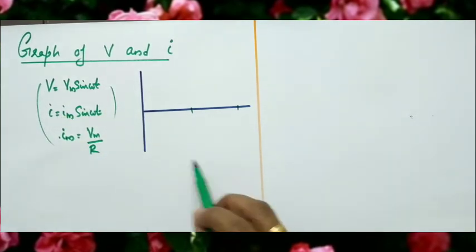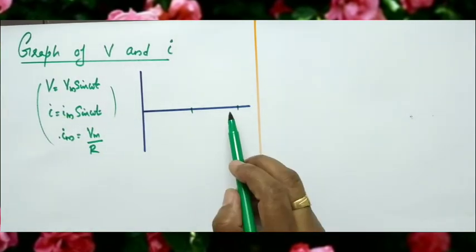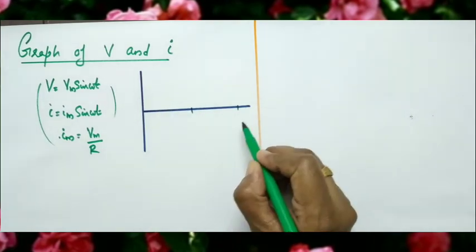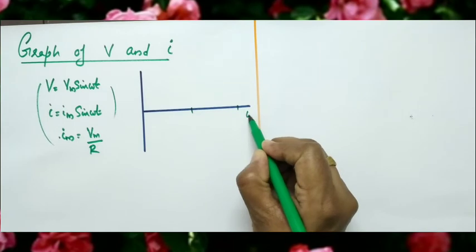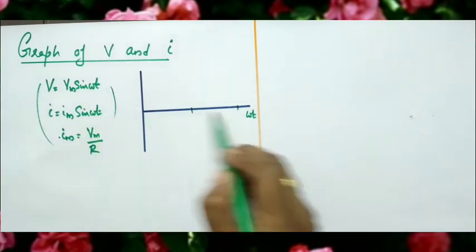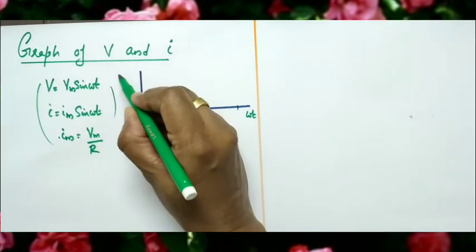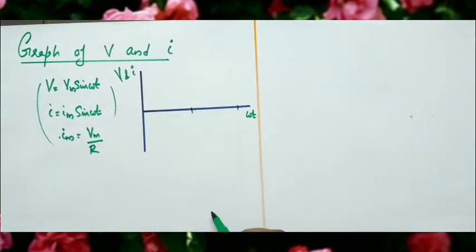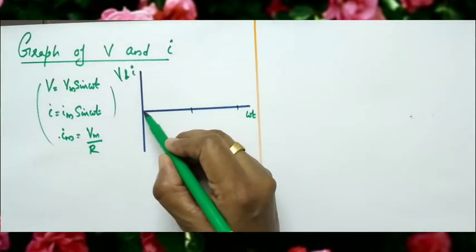Okay. Now, how will you draw the graphical representation of voltage and current? Here, the graph is plotted with the phase omega t along the x-axis, and voltage and current are plotted along the y-axis. Now, how will you represent the voltage?